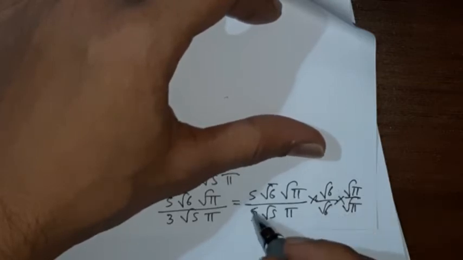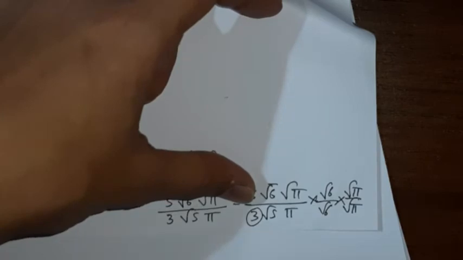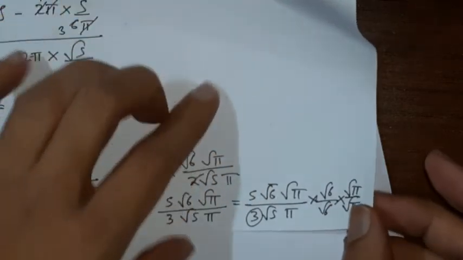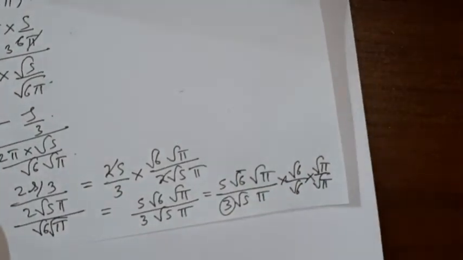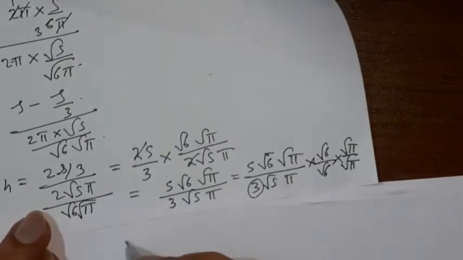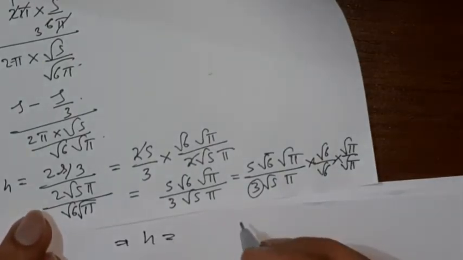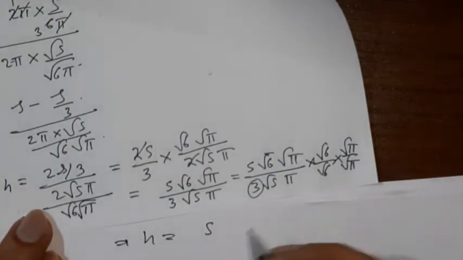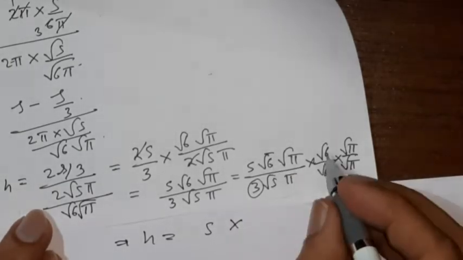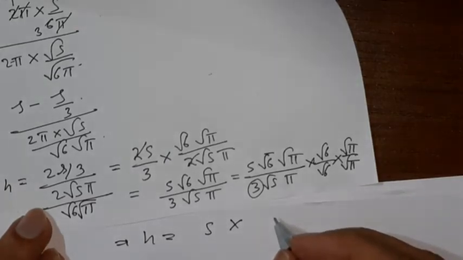Let us keep 3 as it is here. Okay, so what you get is this. Now if we look at this, then h that we are finding will be what? s multiplied by root of 6 square, right, root of 6 multiplied by root of 6, that is root of 6 square, which is 6.